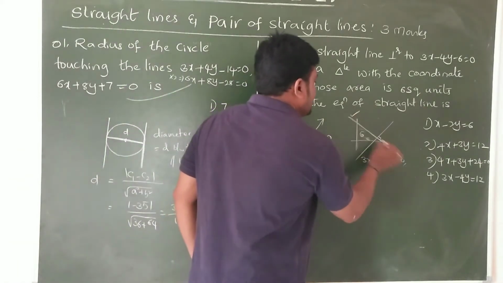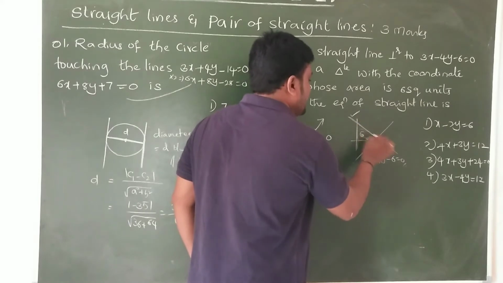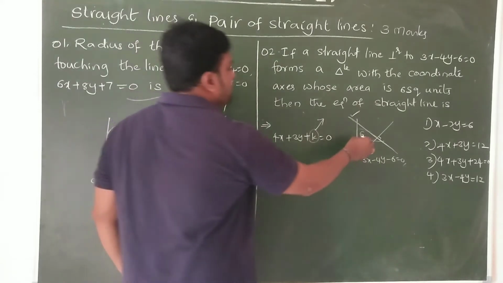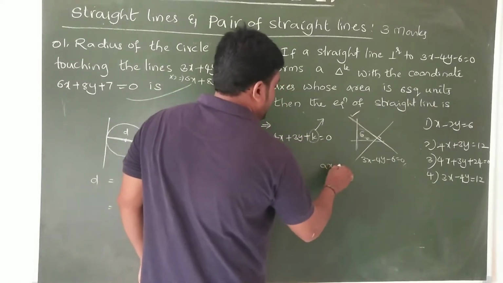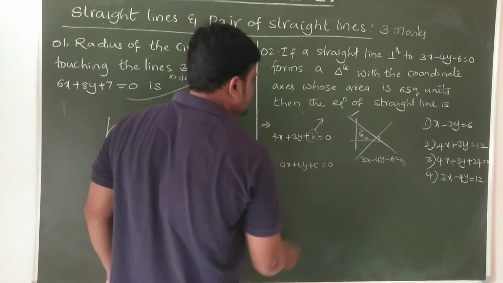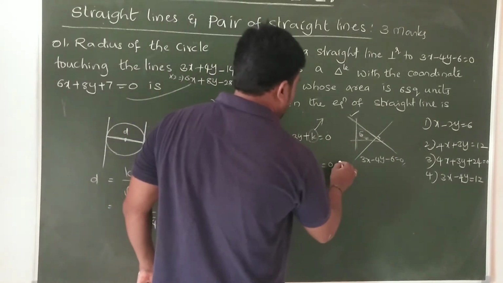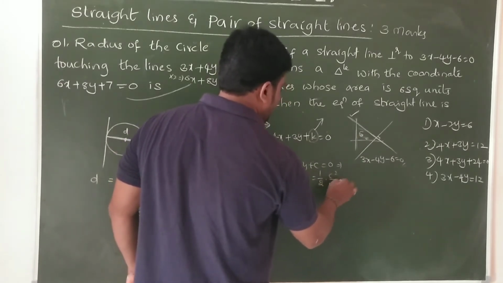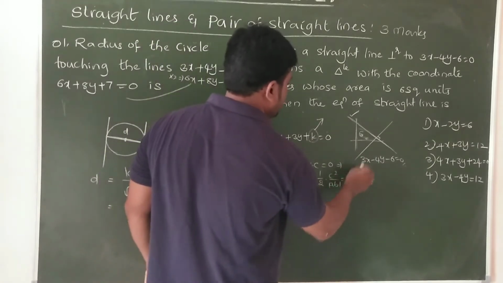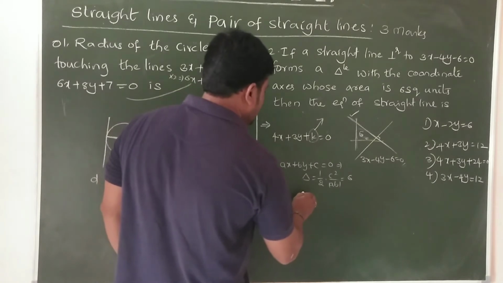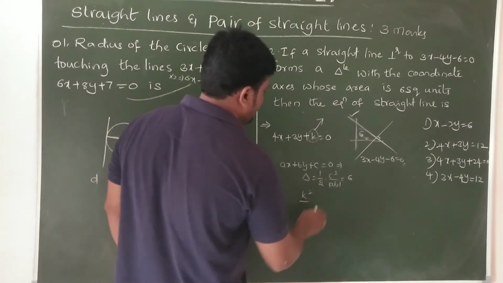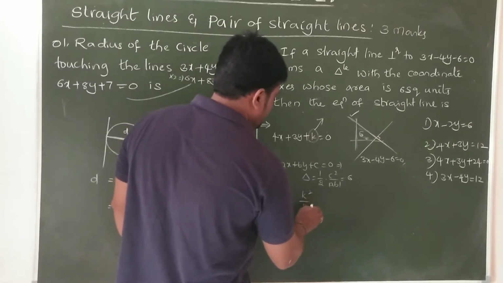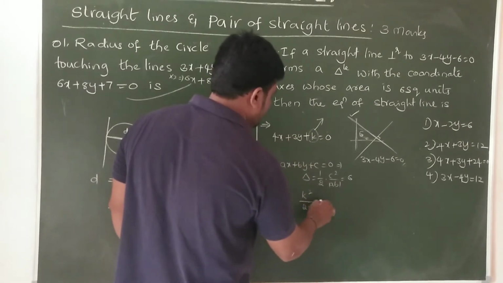How to get the k value? The straight line forms an area of 6 with the coordinate axes. The line ax plus by plus c equals 0 makes an area with the coordinate axes of 1 by 2 into c square by ab. Yes or no? Then, with the area given as 6, c is k, so k square by 2 into 4 into 3, that is 12, equals 6.